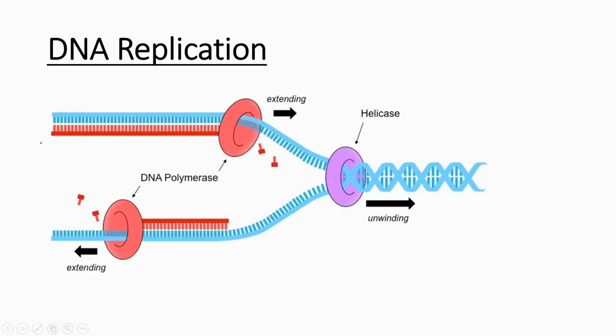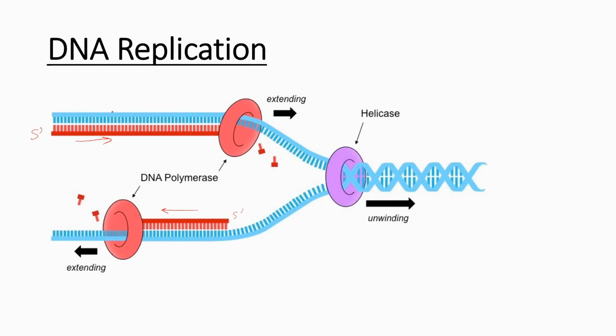DNA is synthesized in the direction 5' to 3'. So this strand in red is 5' on this side, and it's being synthesized that way. The strand at the bottom here is 5' on this end, and it's being synthesized this way because the DNA polymerase is moving that way.